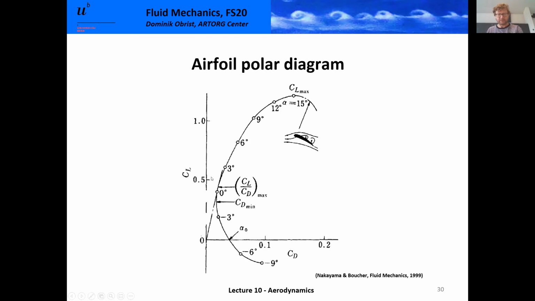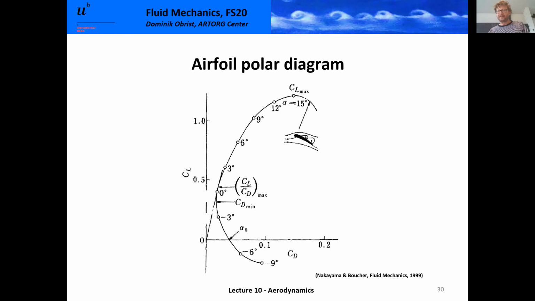And there's this optimal point here where the ratio between lift over drag is optimal. So you have the most lift per drag, and this point is found by putting a tangent from the origin onto this curve. And this is actually the optimal flight condition.